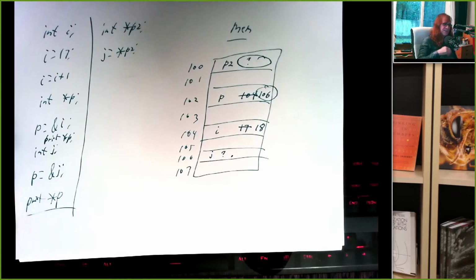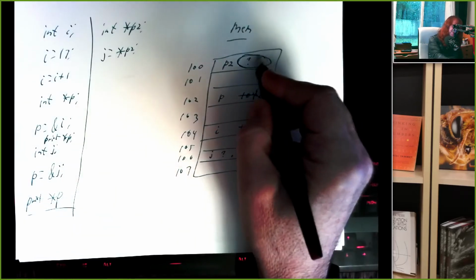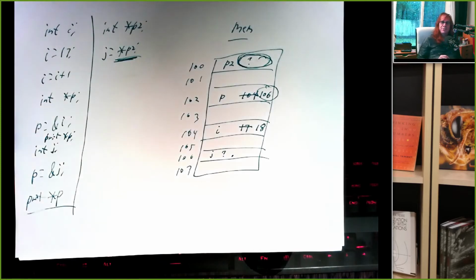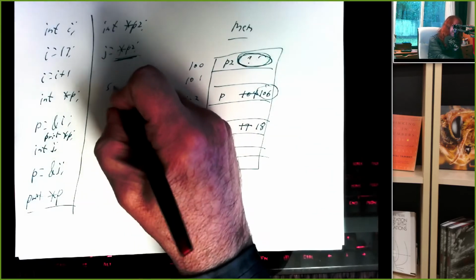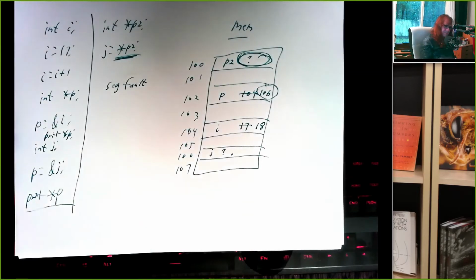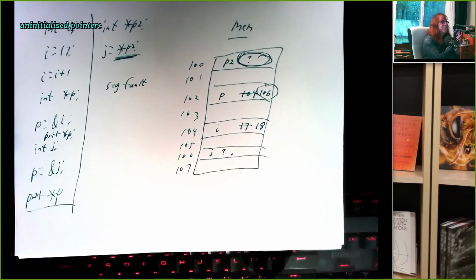So in most cases, if we haven't stored a particular value in here, and we try to see what's stored at that location that it's pointing to, it's going to be looking at a location in memory that doesn't exist. And when we try to read from that, that's going to give us our seg fault. So this is the problem with uninitialized pointers.